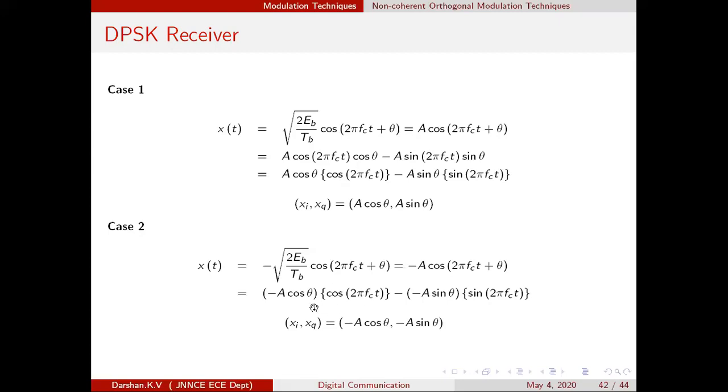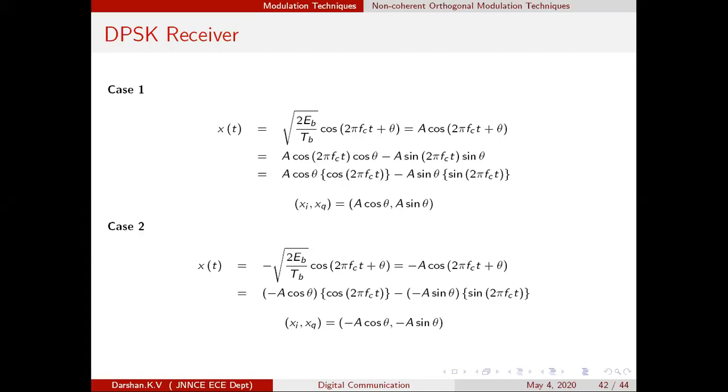If you do this, you get the in-phase component as minus A cos theta and the quadrature phase component as minus A sin theta. So I have written again xi, xq, the in-phase and quadrature phase components, for the second case. Second case means we are transmitting an out of phase signal.